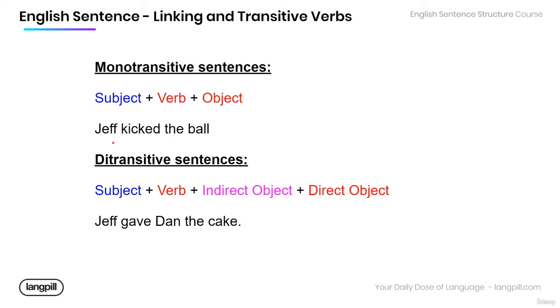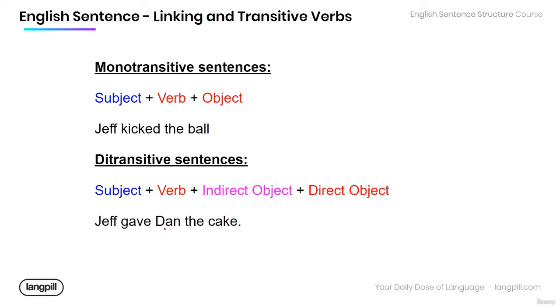There's a connection. The ditransitive sentences, okay, will have this subject, verb, indirect object, and finally, direct object. So you see here, Jeff gave Dan the cake. So here, we have Jeff is our subject, our verb is gave, okay?